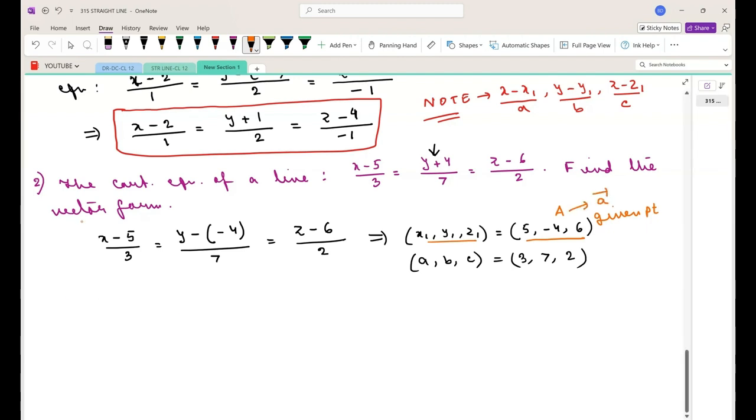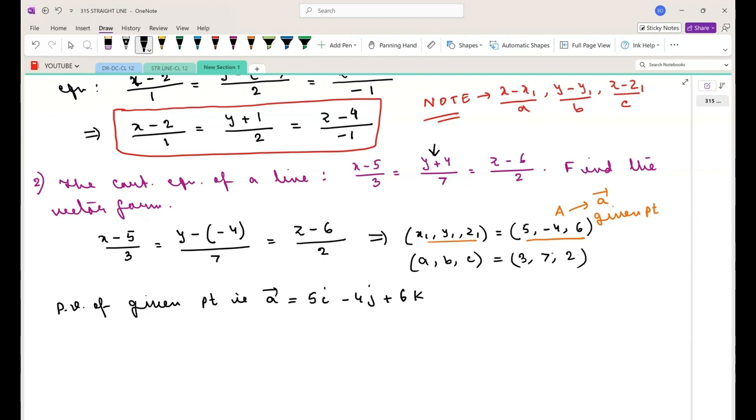The position vector of the given point, let's name it A, if the coordinates are this, will be 5i minus 4j plus 6k. So we have found A.